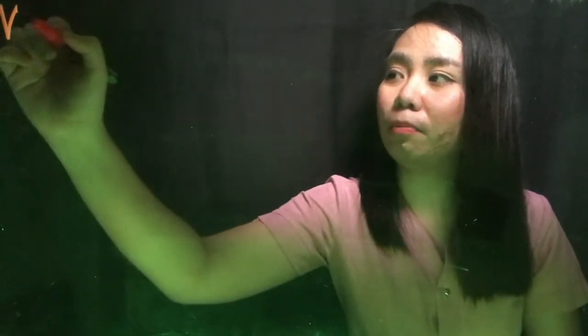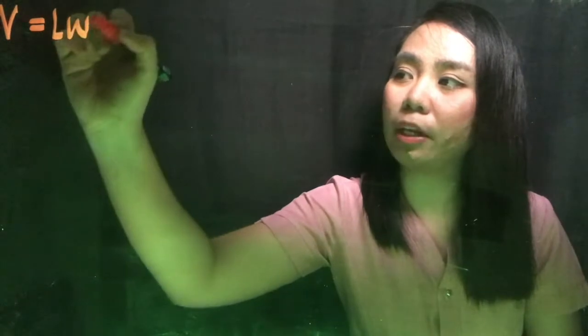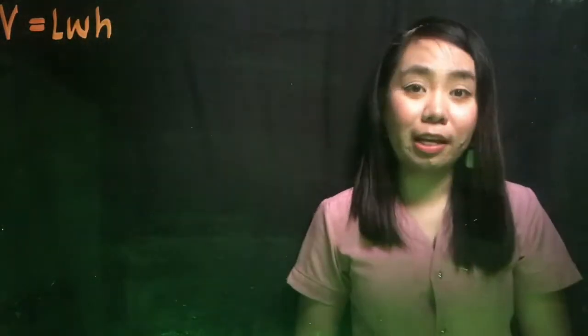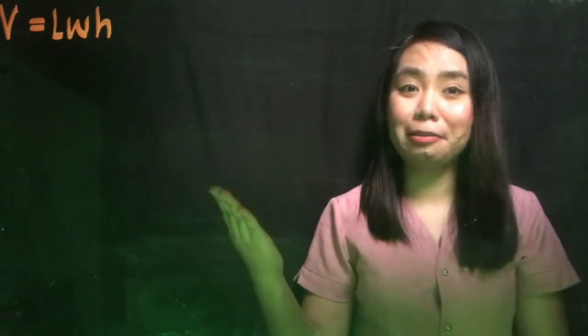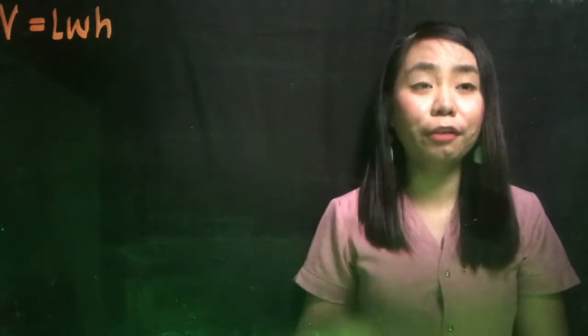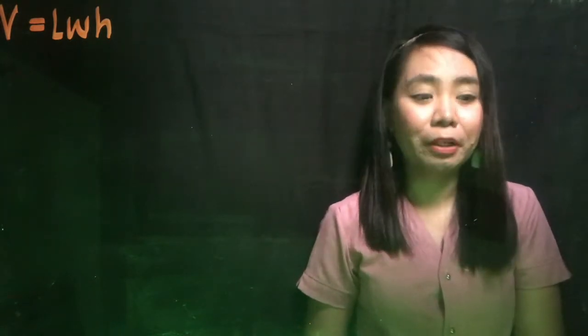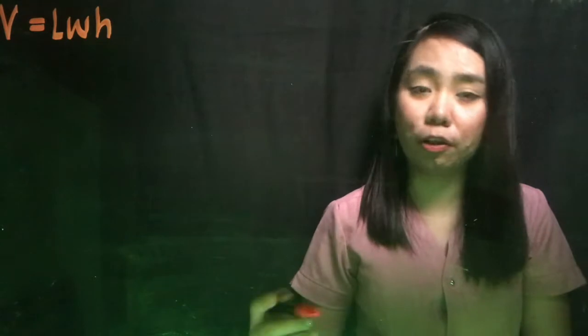In this problem, do not forget that we have to get the volume of the cake. And the volume for the rectangular solid is volume equals length times width times height. So in this case, we have to represent this in one variable in order for us to solve the problem. The first given here is the volume.